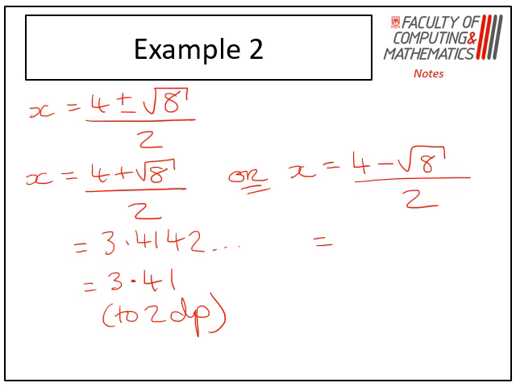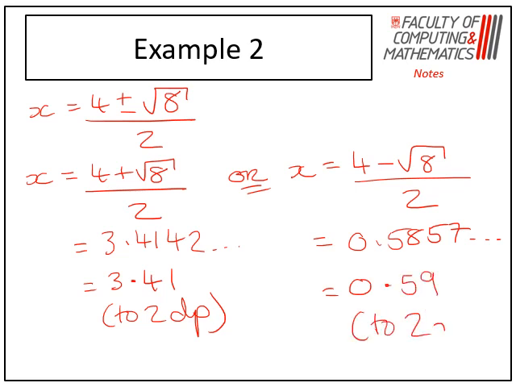And you end up with 0.5857, etc. Again, 2dp we're looking for, so it's going to be 0.59 to 2 decimal places. So make sure that you show all of that working. Substitution, tidy it up, and then pull apart.